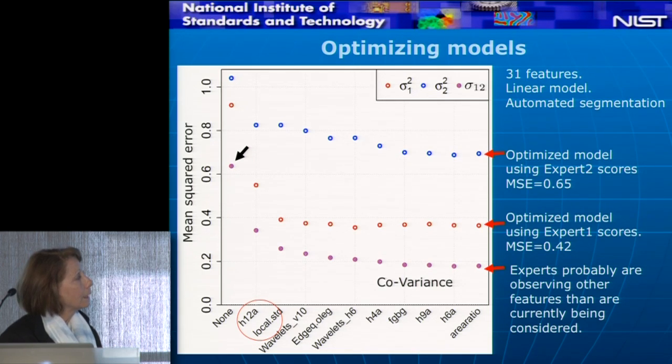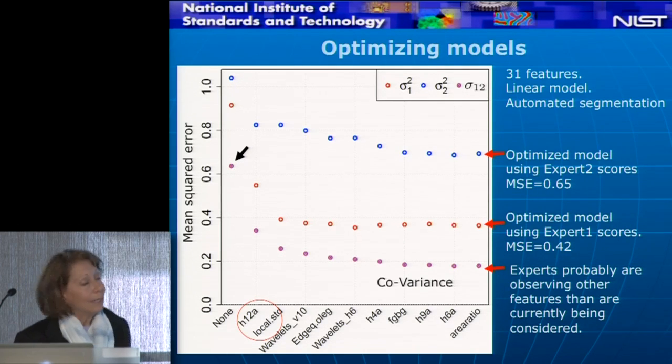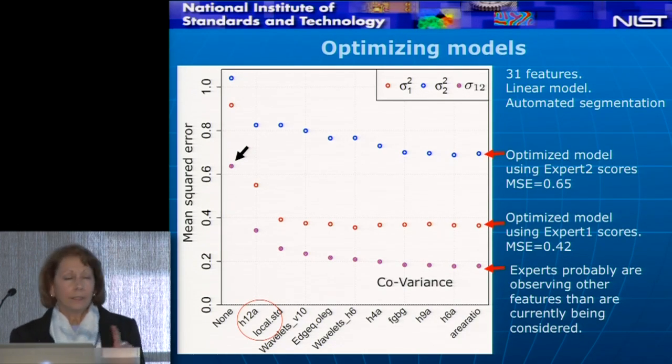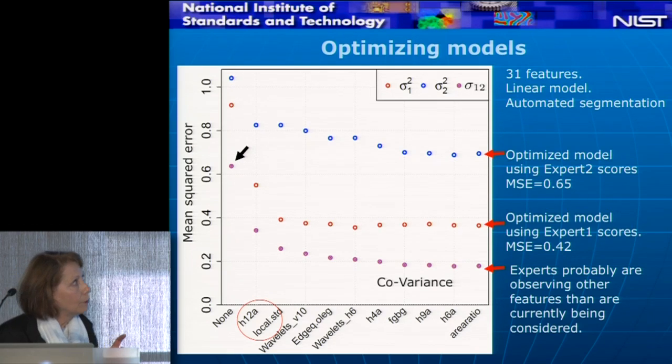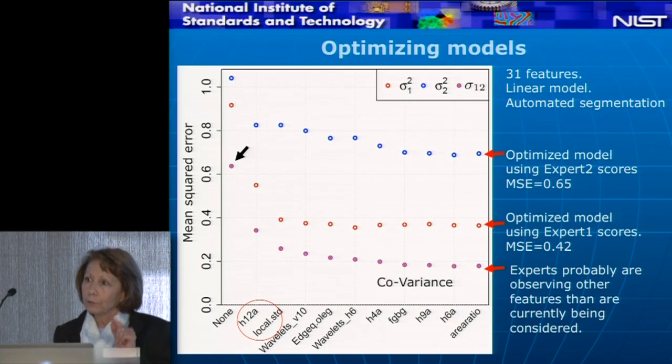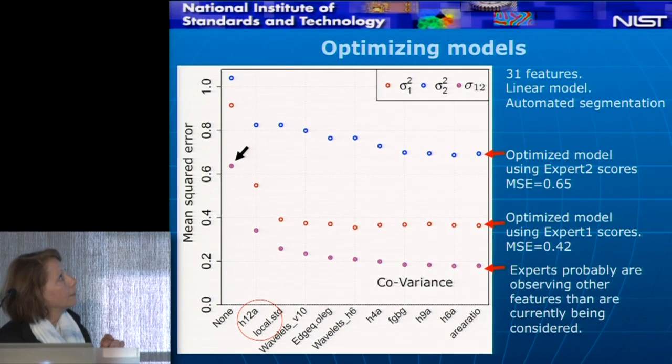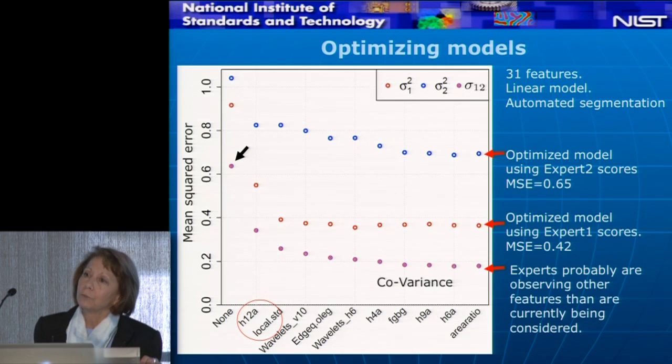It was interesting that only a couple of features had a really, really huge effect. Interestingly, when we used the scores from Expert 2 for the training set, the model that we could come up with was no better, or only a very small amount better, than what the two experts could do relative to one another.